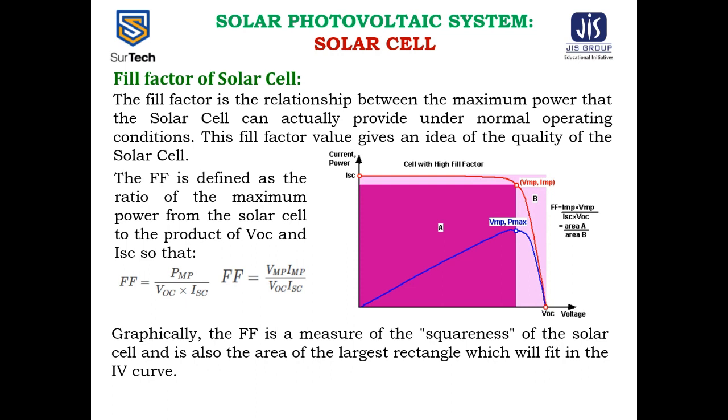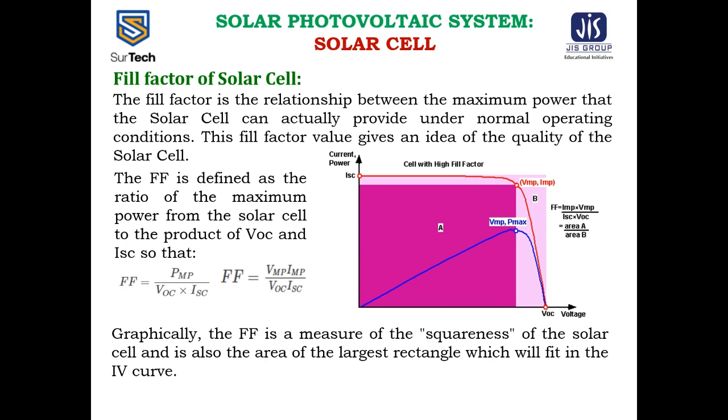Graphically, the fill factor is a measure of the squareness of the solar cell and is also the area of the largest rectangle which will fit in the IV curve. That is the VMP IMP point, this is the IMP point, this is the VMP point.